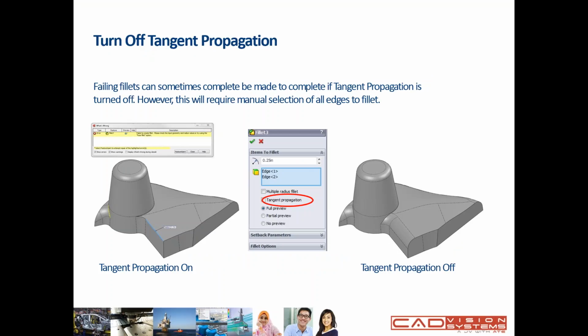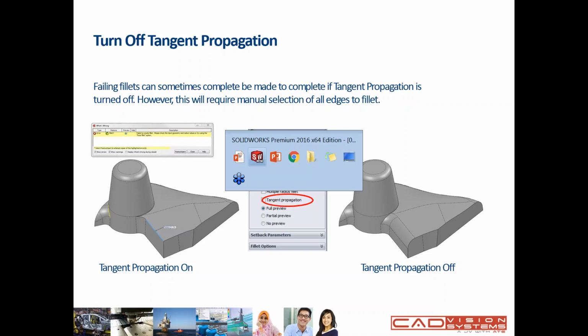I'm not sure how SolidWorks works in the background, but sometimes turning off tangent propagation can help you to solve the problem. Look at the left-hand picture, where we apply a fillet over the blue edge. It failed because with tangent propagation on, it cannot be created. But sometimes when you turn it off, it can successfully create it.